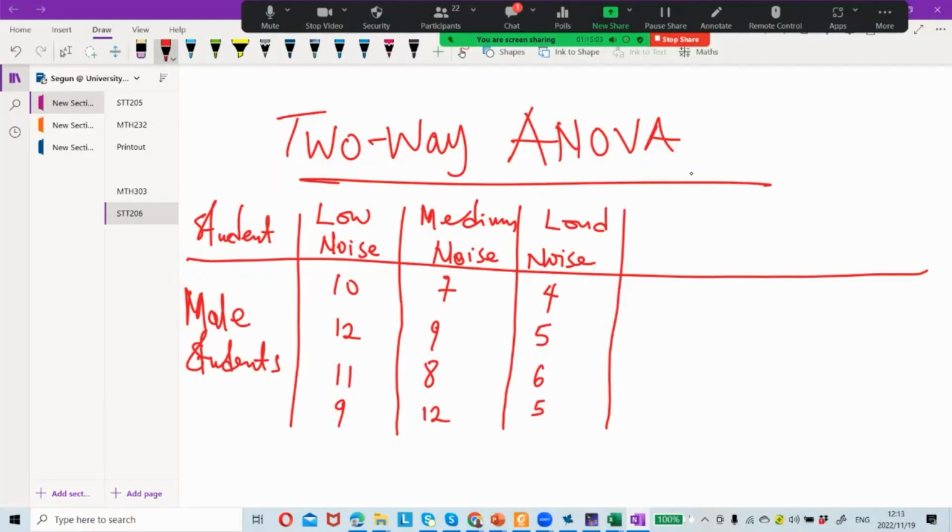So we want to check the medium noise, the low noise, and the loud noise. Does it affect the grade of the student? Is that okay? So this is male.